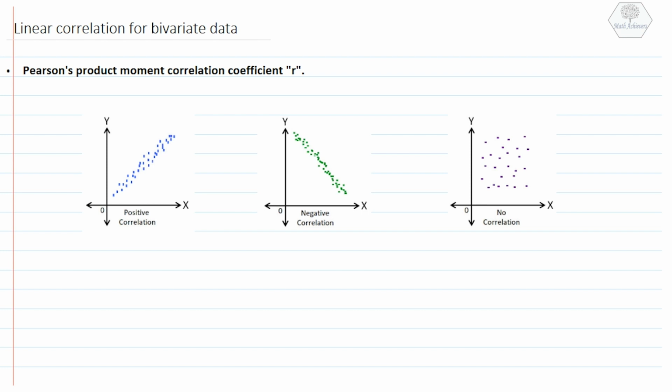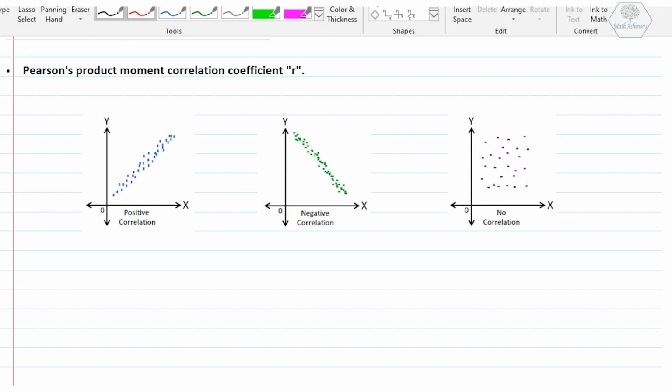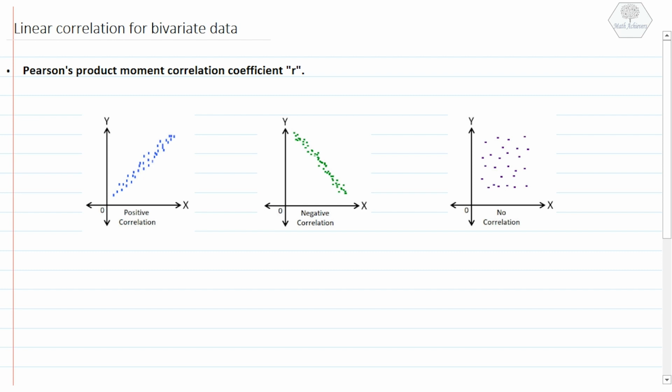Now, it is very important for us to know if there is a positive correlation between x and y, a negative correlation, or no correlation. Let's understand what's meant by positive correlation. Positive correlation means as the value of x increases, the value of y increases as well, and the opposite is true.